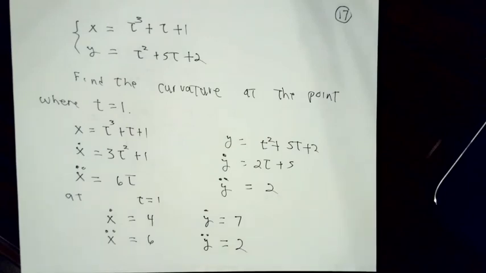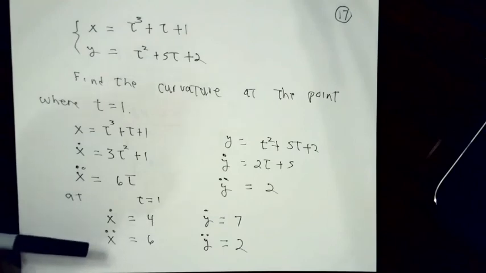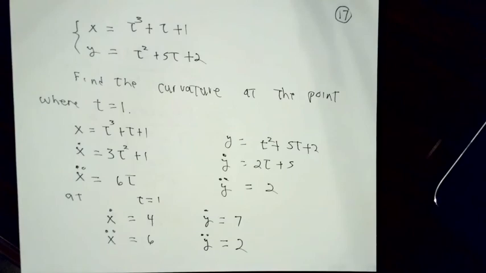At the moment that I'm interested in, x dot will be 3 times 1 squared plus 1, which is 4. At t equal 1, x double dot is 6 times 1, which is 6. y dot is 2 times t plus 5. That will be 2 times 1 plus 5, which is 7. And y double dot is always 2.